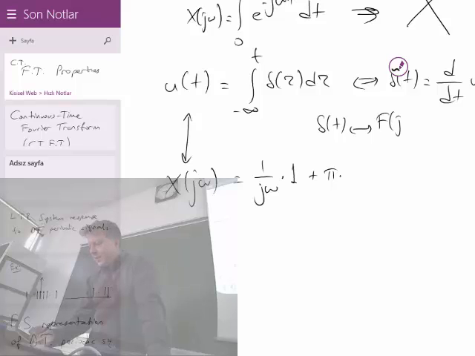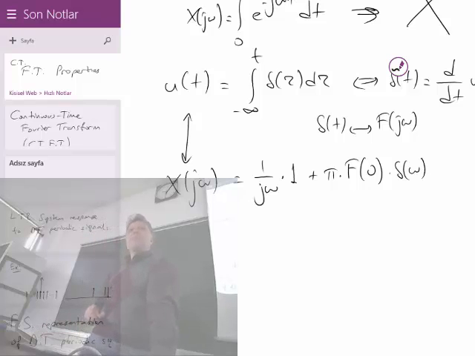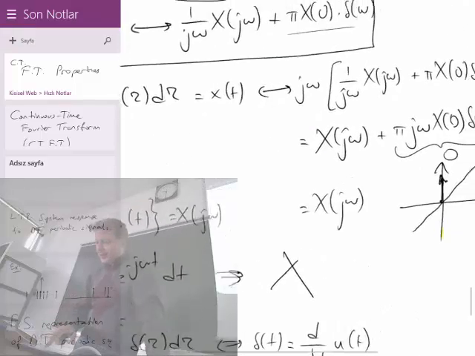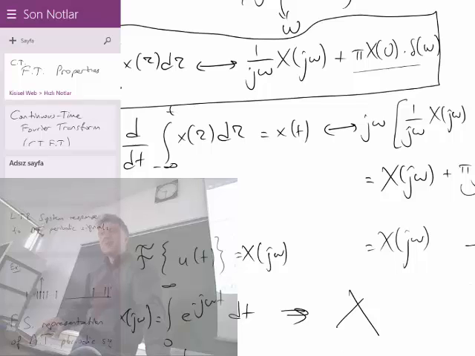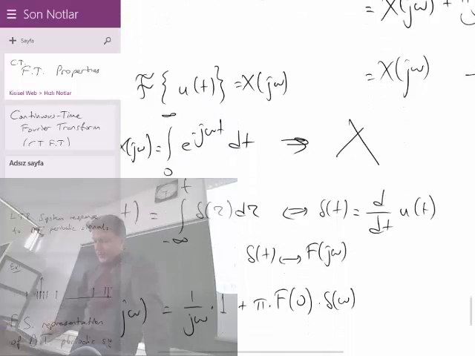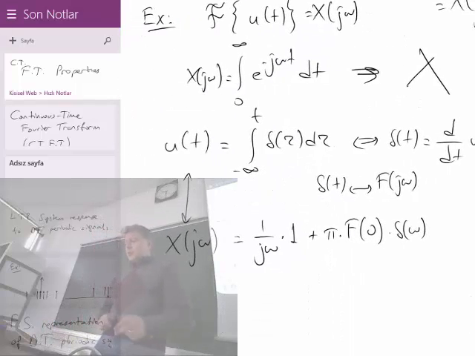Let's call it F of j omega. We have to evaluate F of 0 times delta omega. This was an additional item from the formula. Pi times X of 0 times delta omega is there in the box. So that's what we have to insert. It's not only 1 over j omega times 1. It's a plus pi times the Fourier transform of impulse at omega equal to 0 times delta omega.